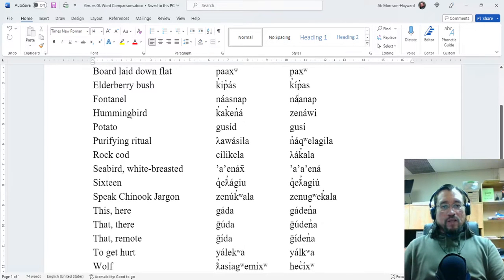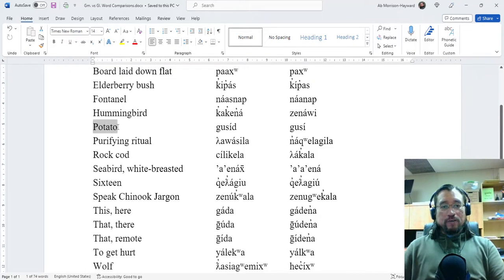The next word for hummingbird, xaisla, kya kitna. Xenaksiala, xanawi. So you can see we have completely different words in both dialects.